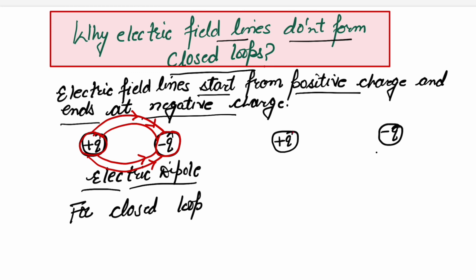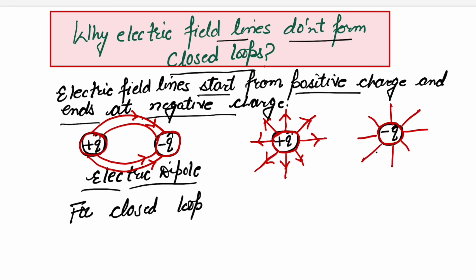For a single point charge plus Q, the electric field lines are straight lines. They move away from the plus Q charge and go up to infinity. For a minus Q charge, the lines are again straight lines. They move toward the minus Q charge.